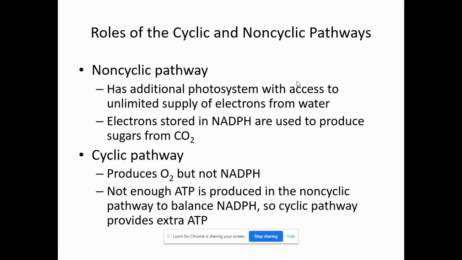Here are the roles of the non-cyclic pathway and cyclic pathway. Important information to remember from photosynthesis.